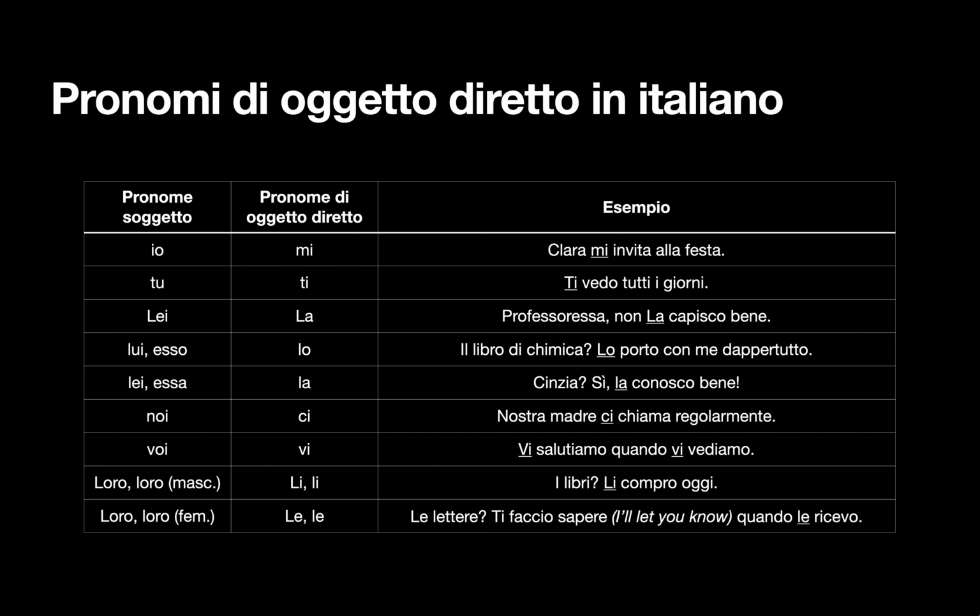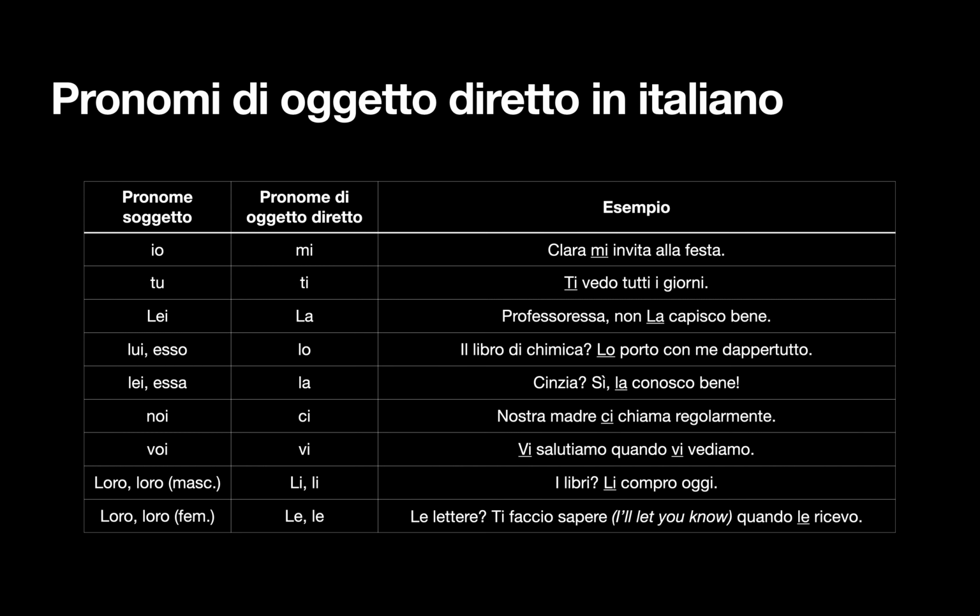For noi, the direct object becomes ci. For voi, it becomes vi. For loro, it's either li for a masculine or mixed group, and le for an all-female group.